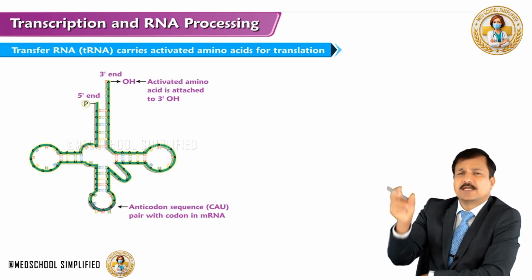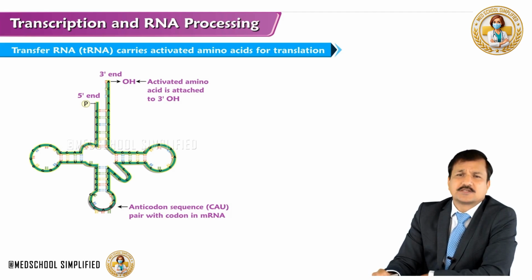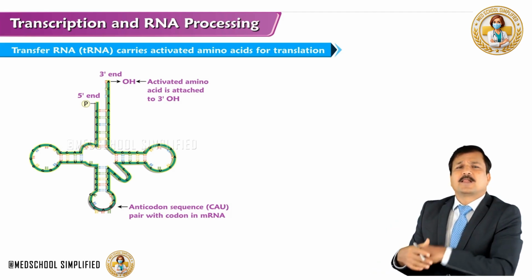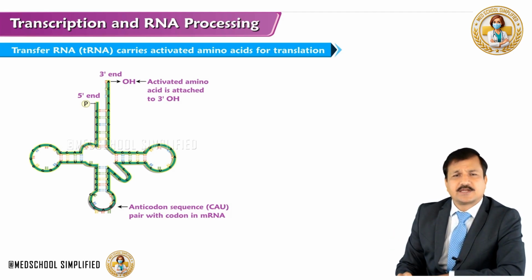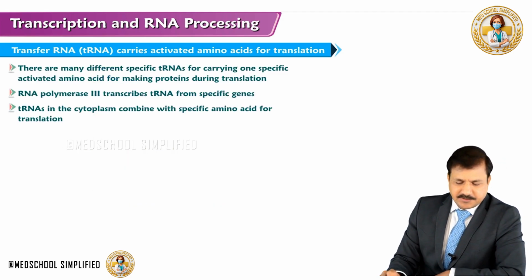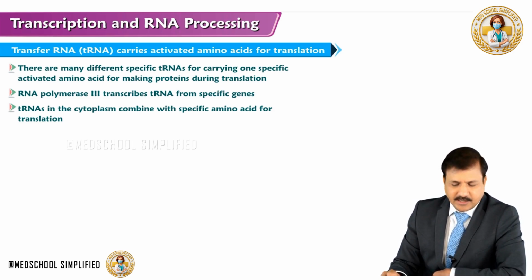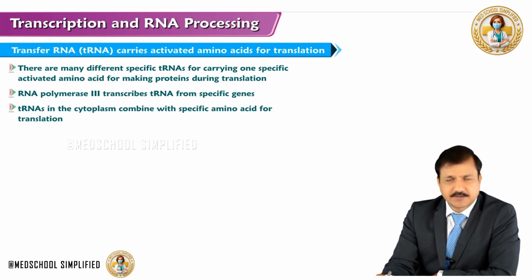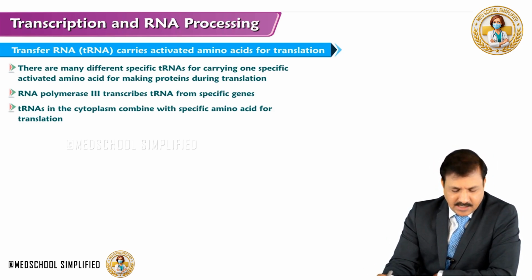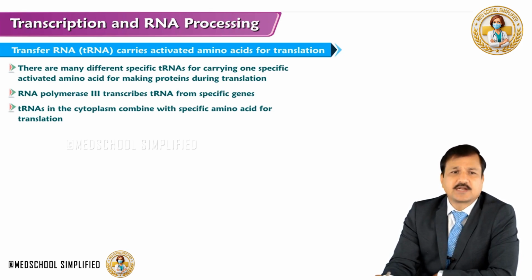That's how it brings the amino acids and pairs with the codons in mRNA, and thereby helps in building a polypeptide chain. So there are many different specific tRNAs, each carrying one specific activated amino acid for making proteins during translation. RNA polymerase 3 transcribes tRNA from specific genes, and tRNA in the cytoplasm combines with a specific amino acid for translation.